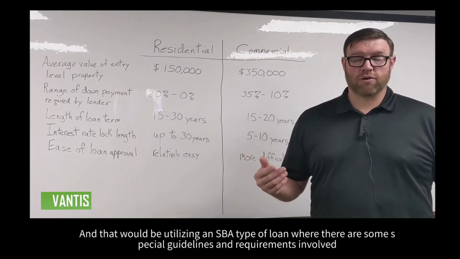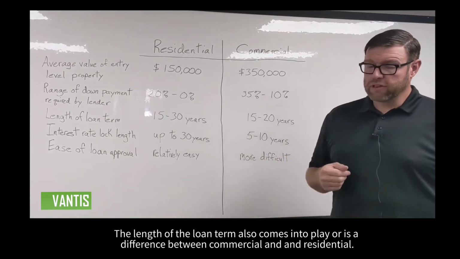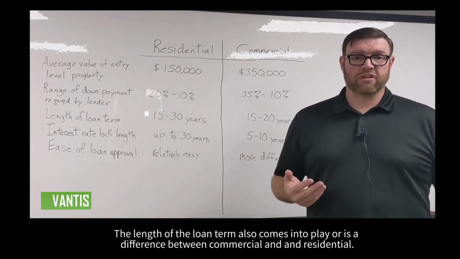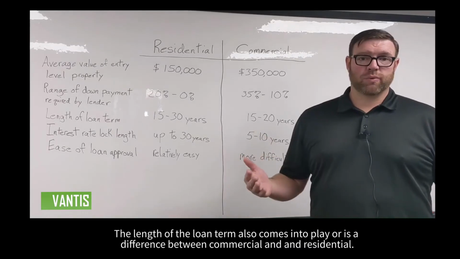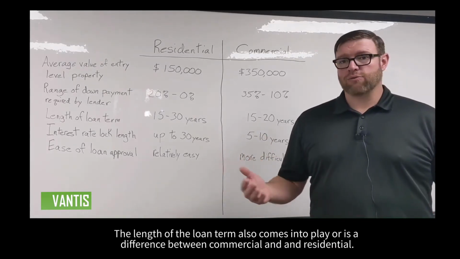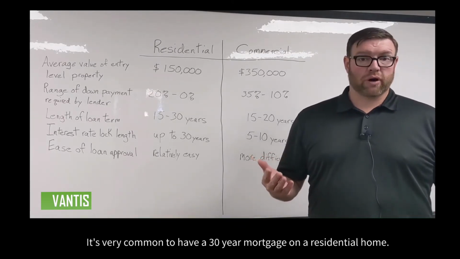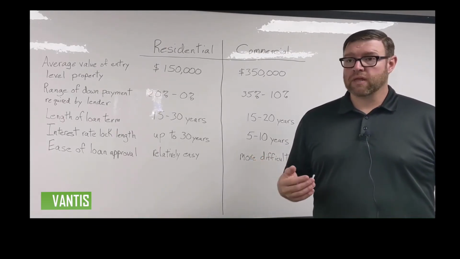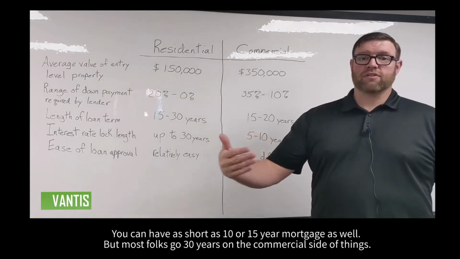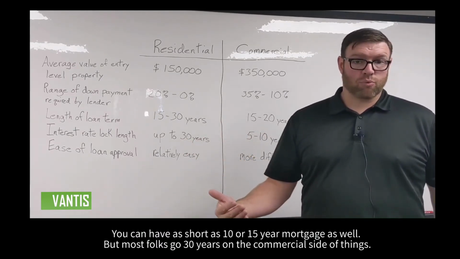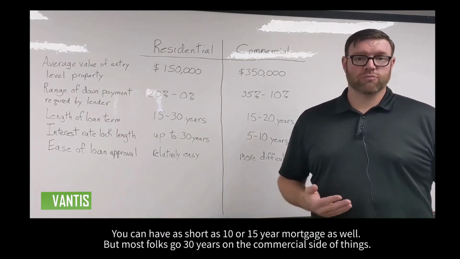The length of the loan term also comes into play, or is a difference between commercial and residential. It's very common to have a 30-year mortgage on a residential home. You can have as short as a 10 or 15-year mortgage as well, but most folks go 30 years.